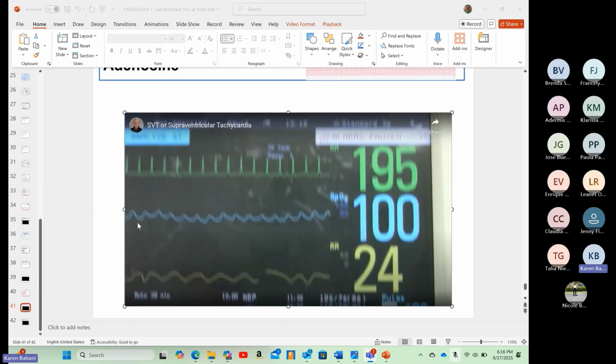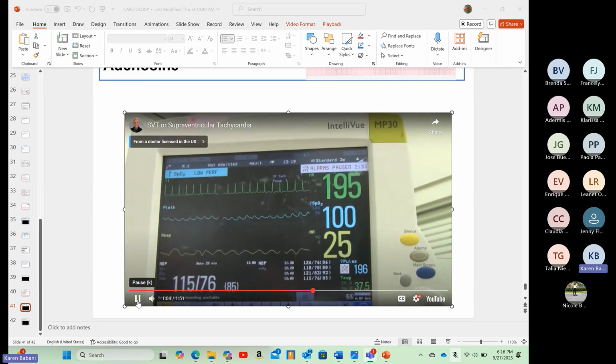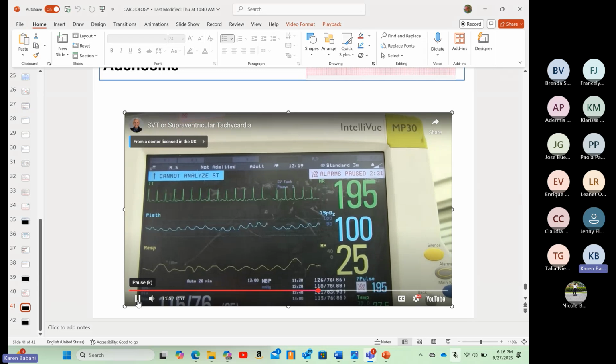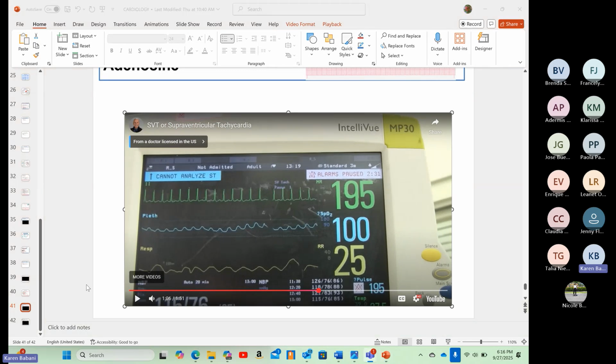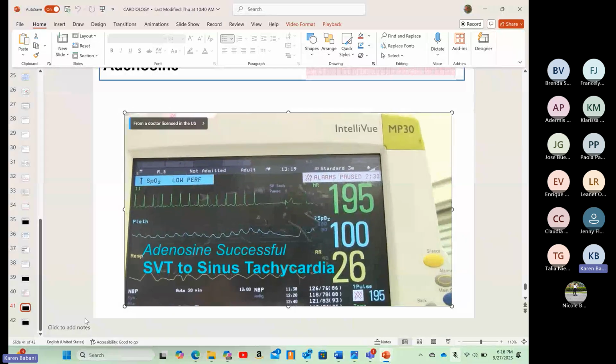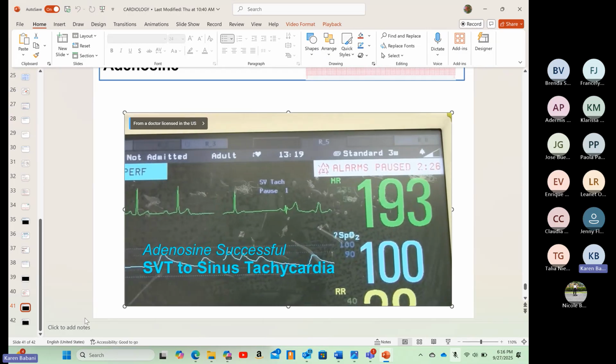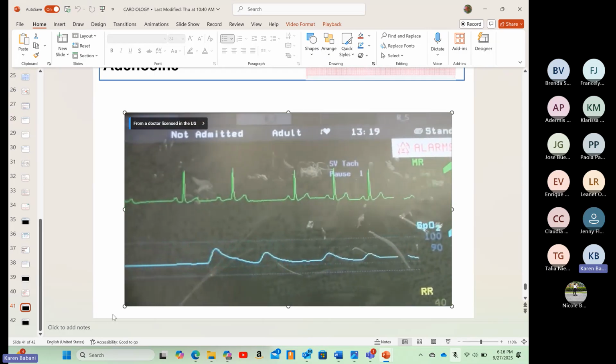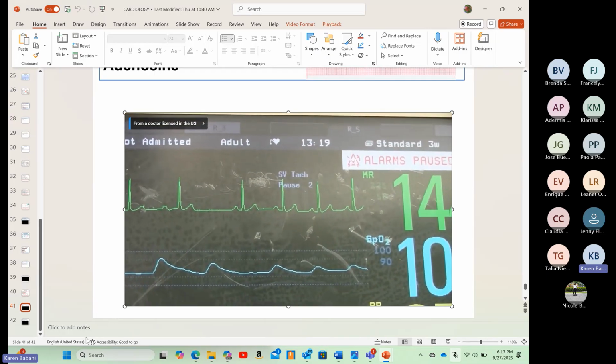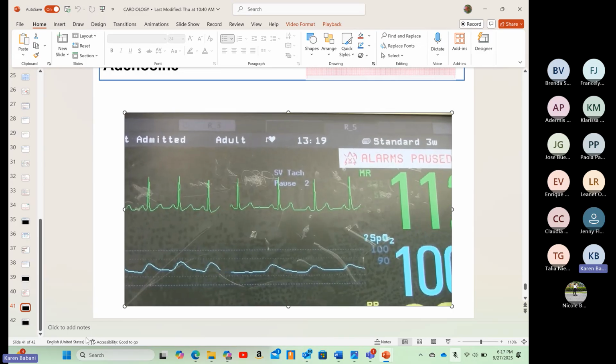You want to do it all at once because you want it to get there like a hand grenade. You see how he said he wanted to get in there like a hand grenade? Pretty much, this works on the SA node, and it pretty much shuts down the SA node. It causes asystole and it resets, and hopefully your underlying rate can take back over.